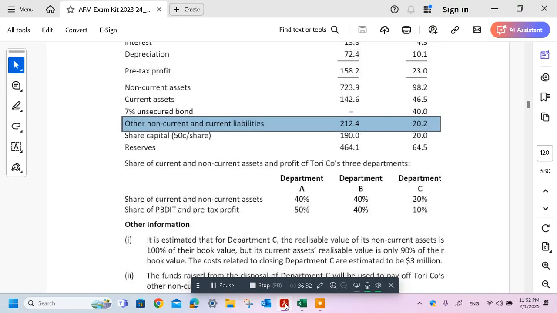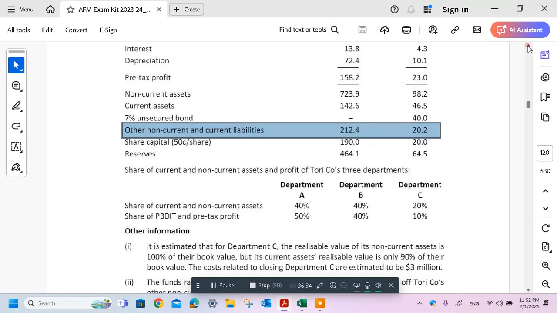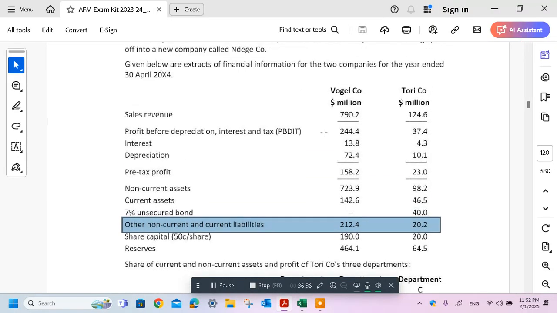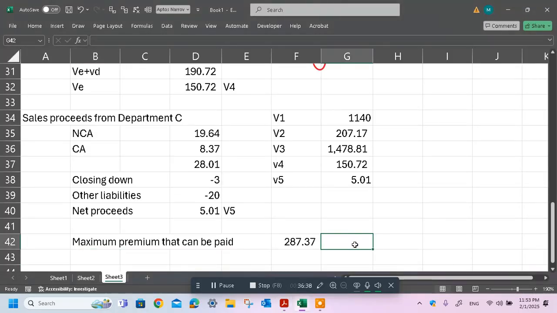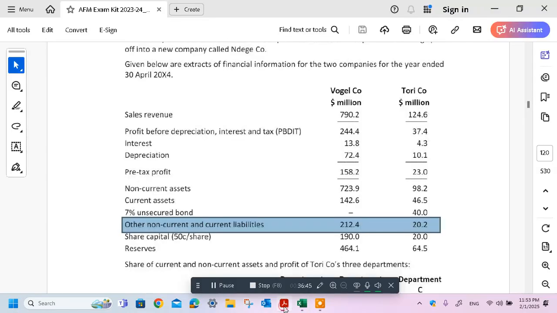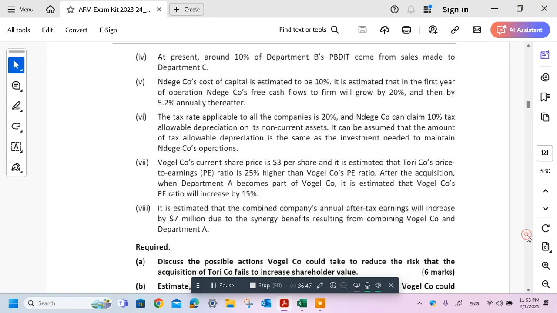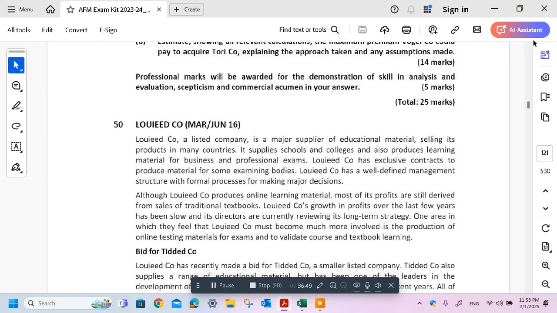Was it dollar millions? Yes, dollar millions. This is the maximum premium that can be paid. How many marks is that? 14 marks.